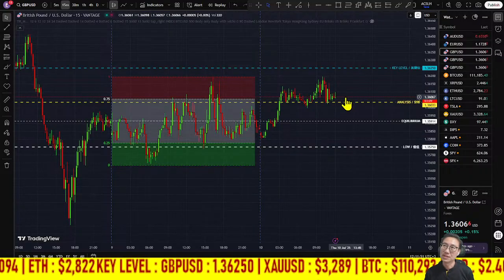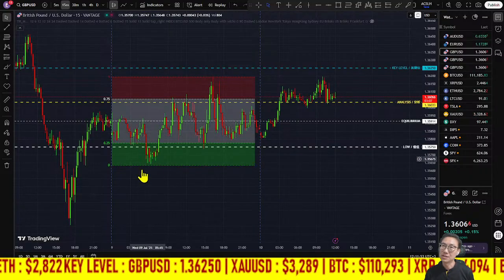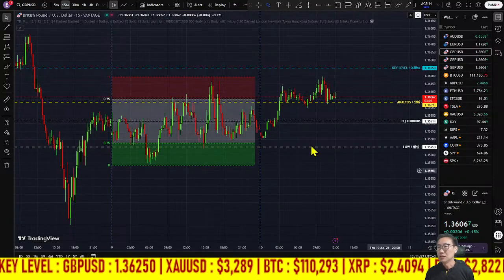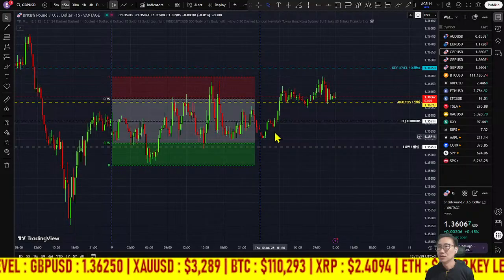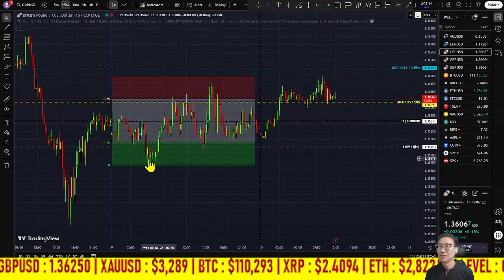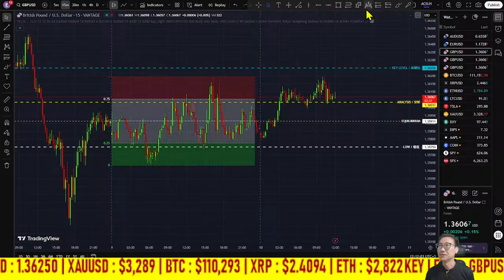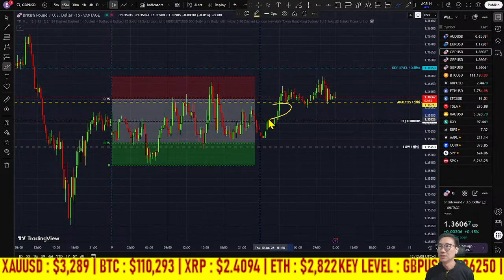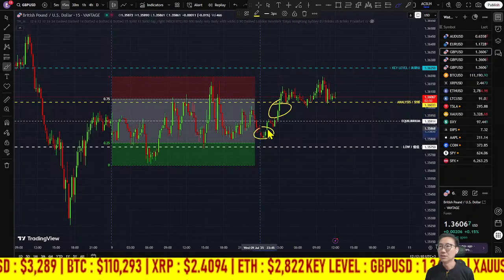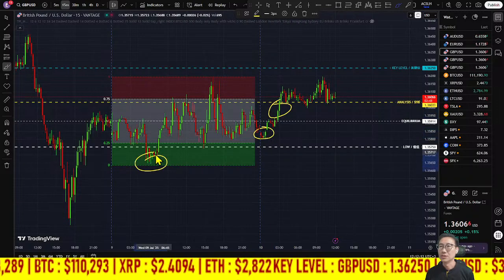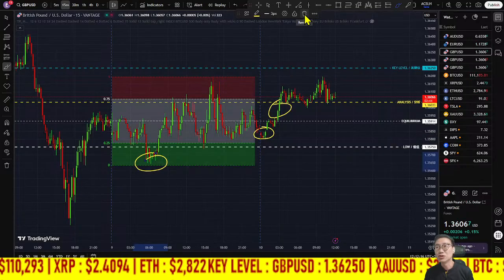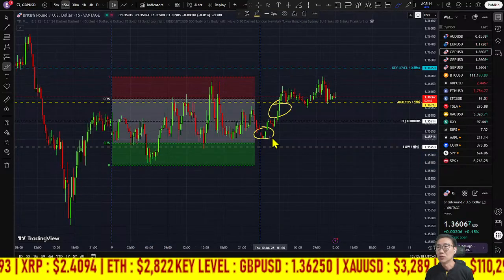Probably there may be selling off to take down the Asia low from yesterday. So there is a possibility. One area here, another area here, and another area here. We have three areas to take note.